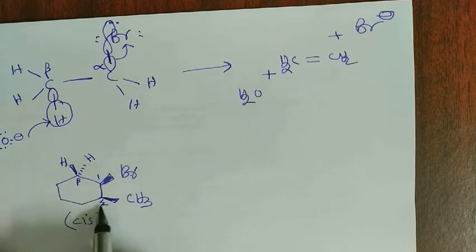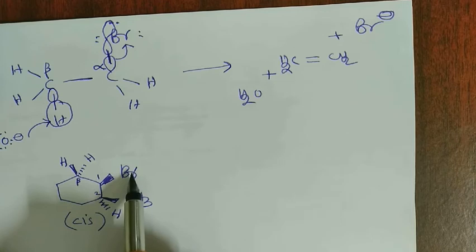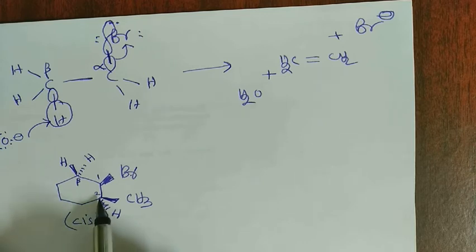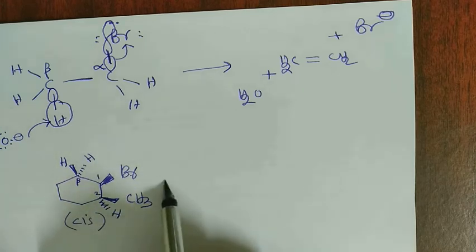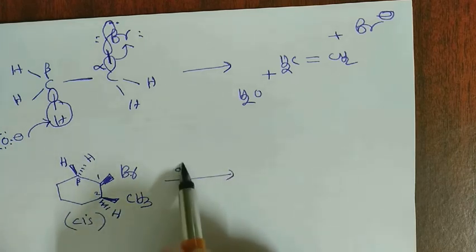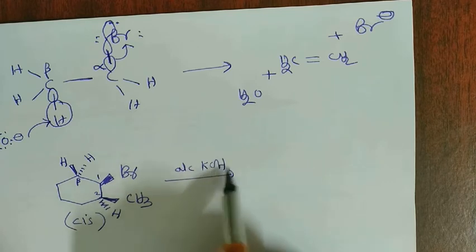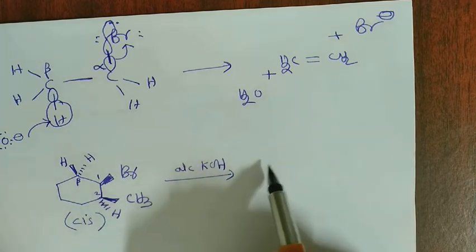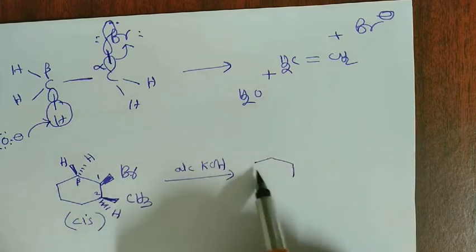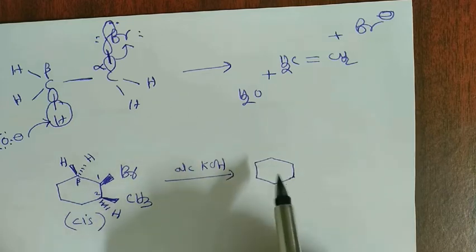Similarly, here also the second carbon has a beta hydrogen atom with a trans orientation. That is bromine and beta hydrogen atom on the second carbon atom. These also have anti-periplanar orientation. Hence, when this compound is heated with alcoholic KOH, two isomeric alkenes are obtained.